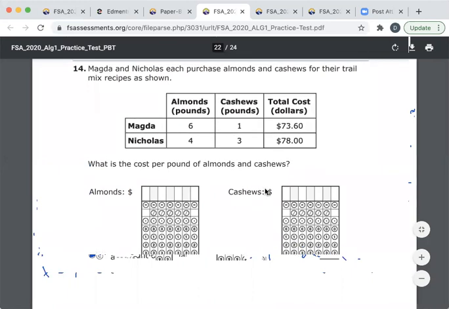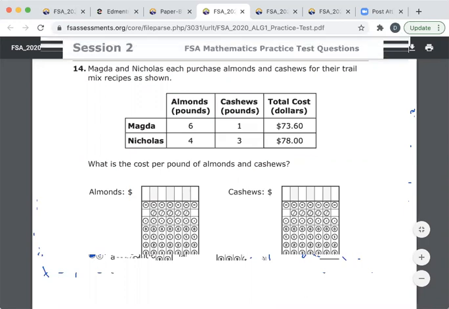All right, number 14. Magda and Nicholas each purchased almonds and cashews for their trail mix. Yum. And here is the data in a chart and what's the cost per pound of almonds and cashews. So we can make a little formula for each one of these. I'm going to use A for almonds and C for cashews.